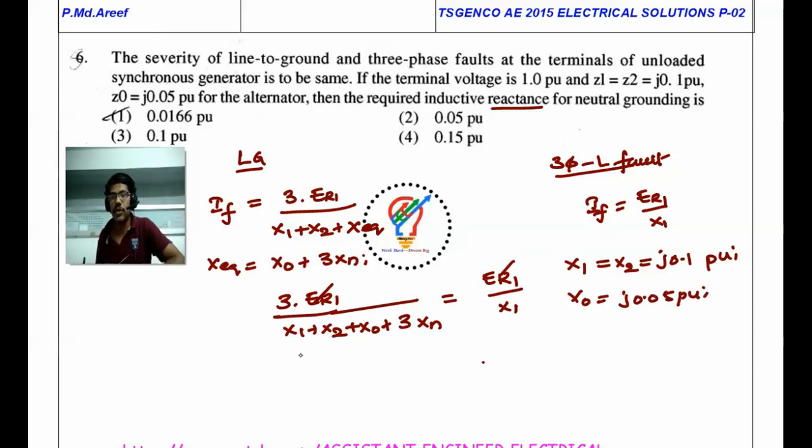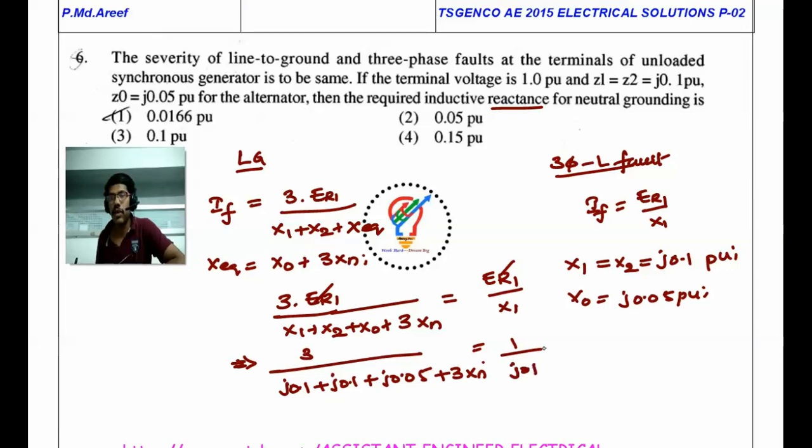Substituting in this equation, we get 3 divided by j0.1 plus j0.1 plus j0.05 plus 3Xn, is equal to 1 by j0.1.